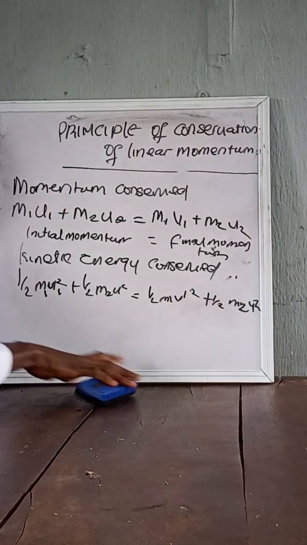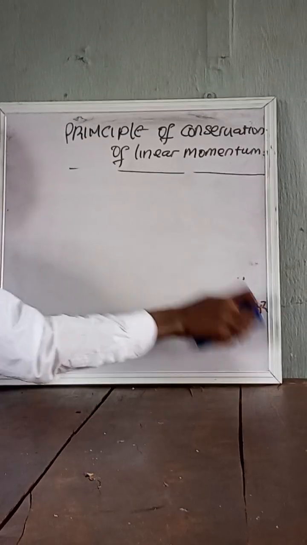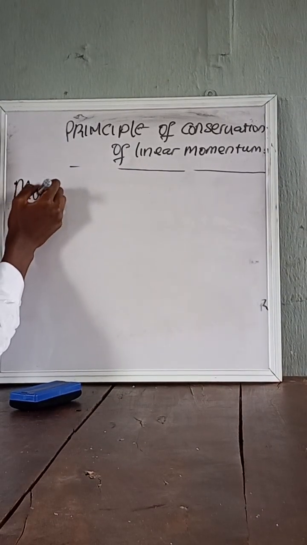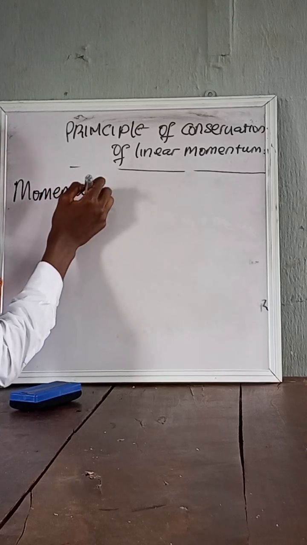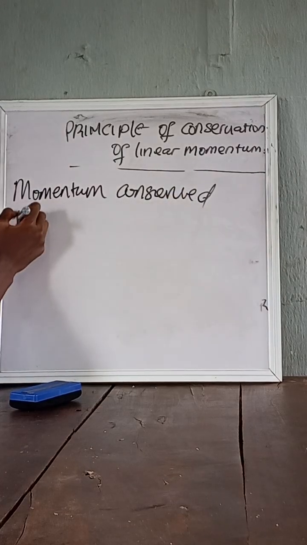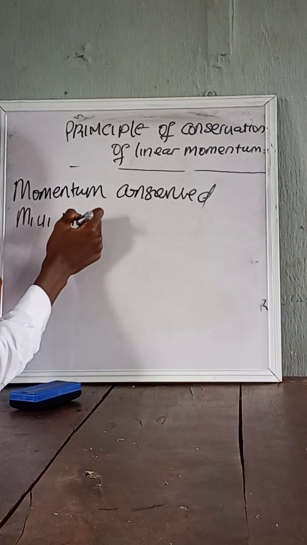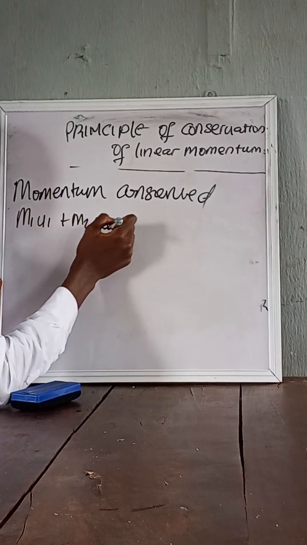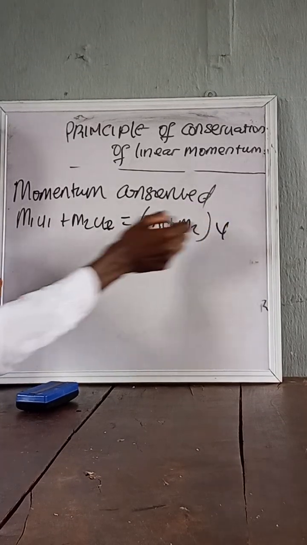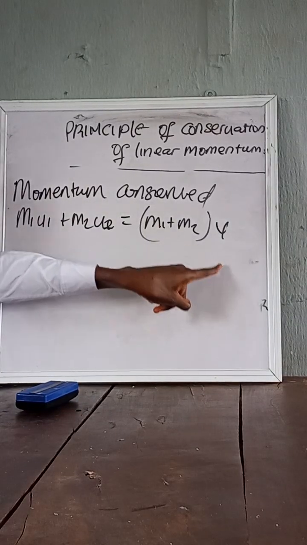So now let's go back to our inelastic collisions. When we're talking about inelastic collision, for momentum conserved, I can say that m1u1 plus m2u2 is equal to (m1 plus m2) times v, meaning that immediately they collide, they share one common velocity, which is this final velocity.